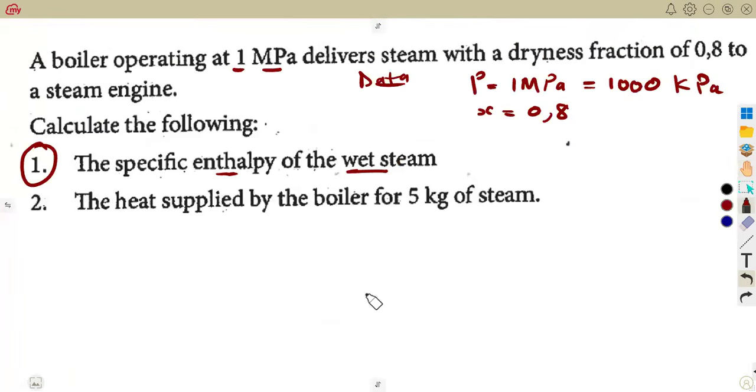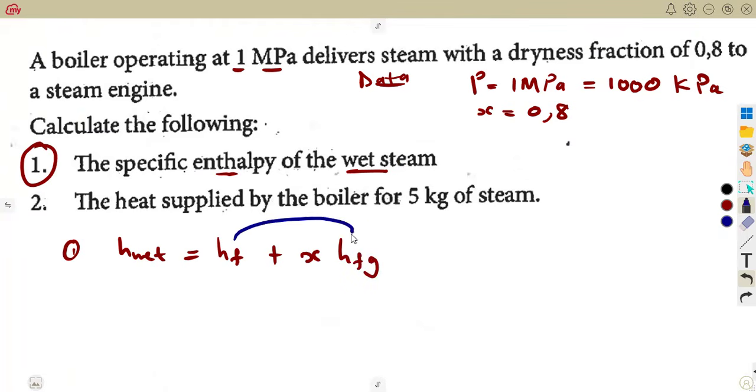What is our formula? This one is straightforward. Remember, our H wet is equal to HF plus X HFG, where these two are to be taken at a certain pressure. At a certain pressure, you'll be given that.